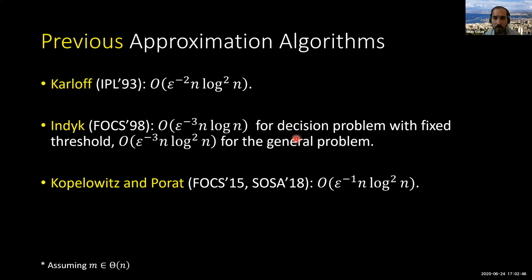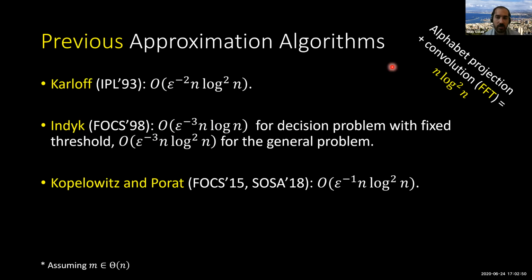And the common technique in all these algorithms was that they use alphabet projection from the large alphabet to some small alphabet using some randomization. And then compute several convolutions, and this was done by the FFT algorithm.